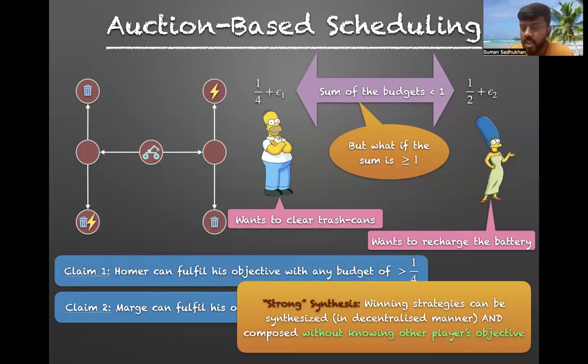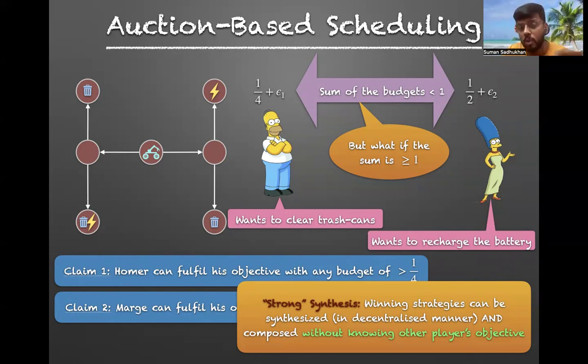Marge requires the budget to be more than half, and because this epsilon is less than half, even 3/4 minus epsilon is actually more than half. So we are saying that with that budget, she can win against any adversary. She doesn't know which adversary she is playing against.